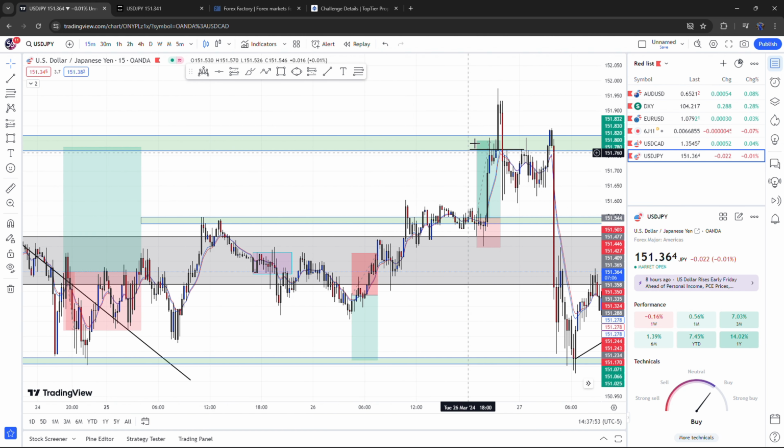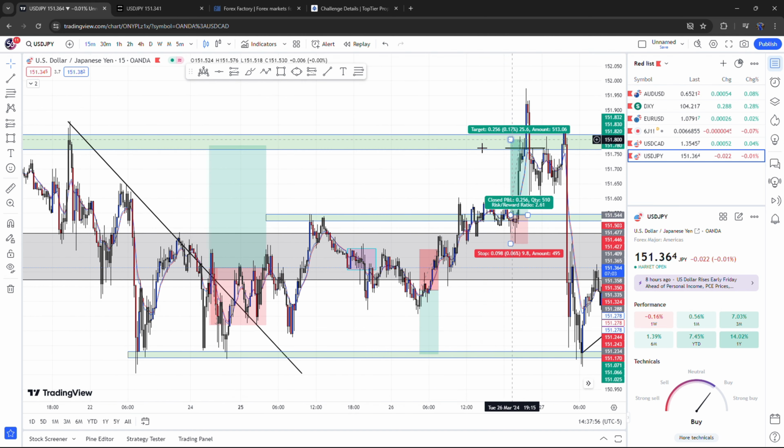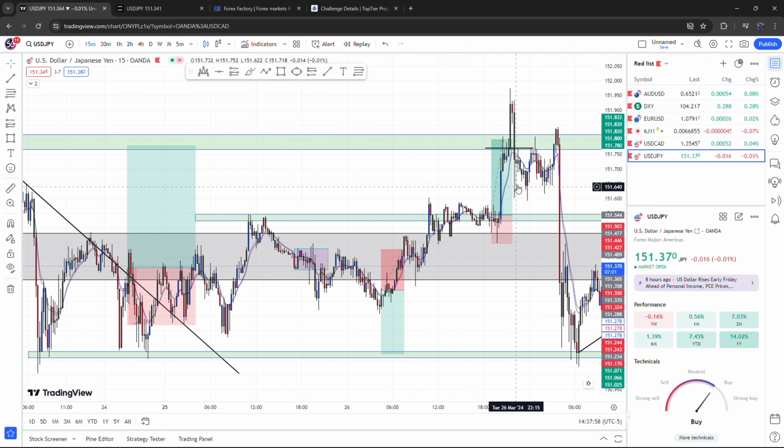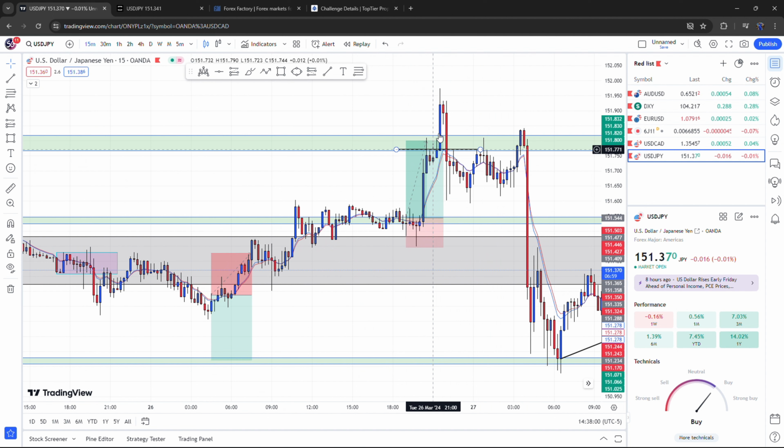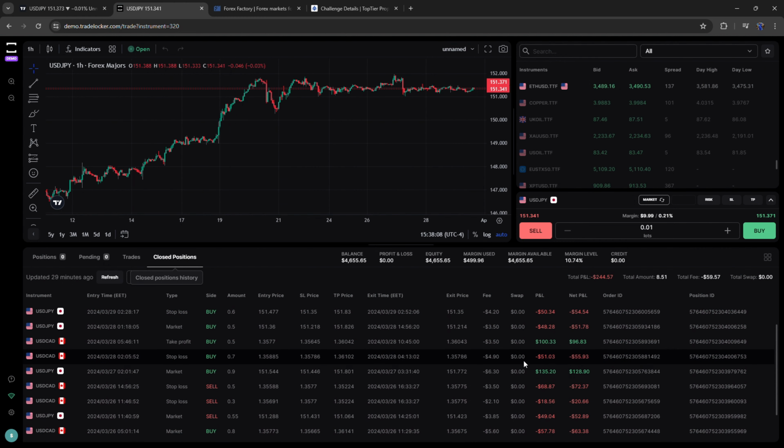I ended up closing as soon as we touched this area of resistance, because I knew that if I didn't take profit this time, I don't know what I would do. That was the only trade I took that day, because I was able to make over 2%, which helped cover some of my losses, not all of them, but some of them.